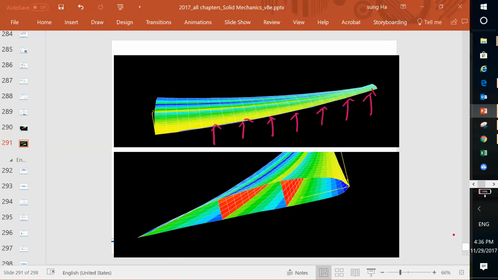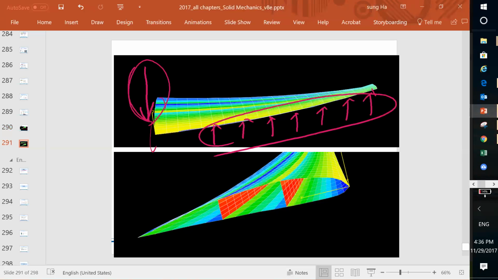Now imagine how much shear force in each cross section. So in this cross section, we have this much shear force, which will be the same as this one, right? That's the shear flow. And all the shear flow is mainly supported by this shear web.